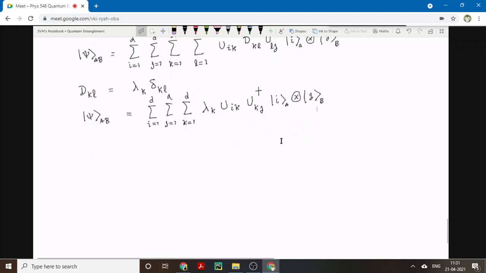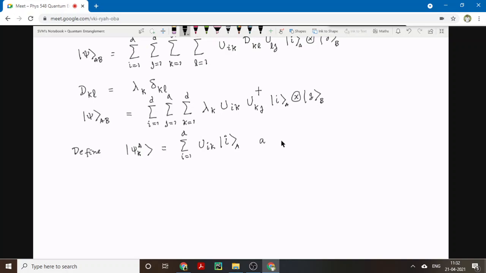Okay. Now I'm going to define the following. Define ket psi k A to be sum over i equal to 1 to d of Uik into ket i A. That means this is like some linear combination of all these i's.